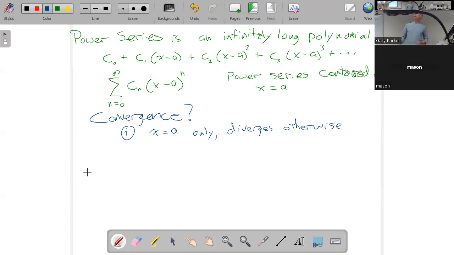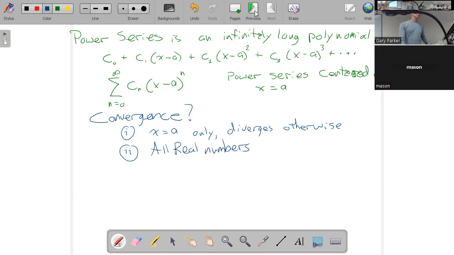So that's like the worst case scenario. We really don't have a series. Didn't work. Case 2, it could converge for all real numbers. We'll look at some cases like that in a minute.